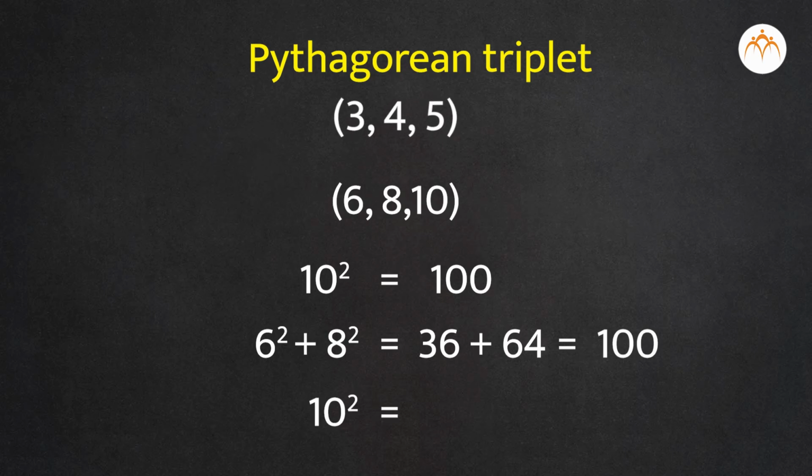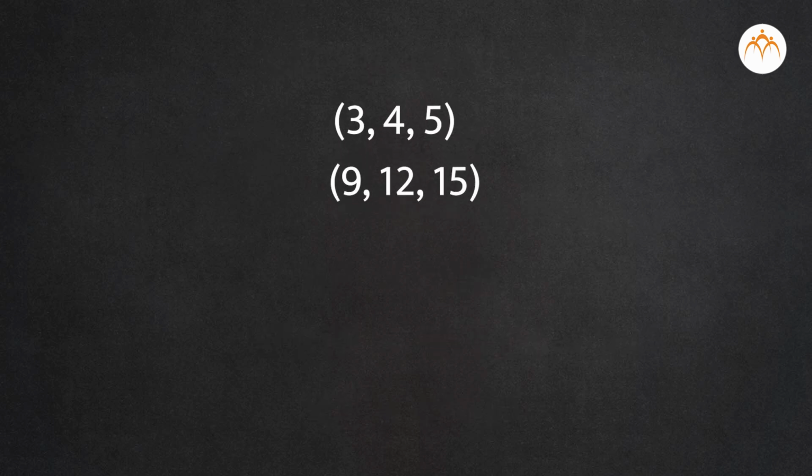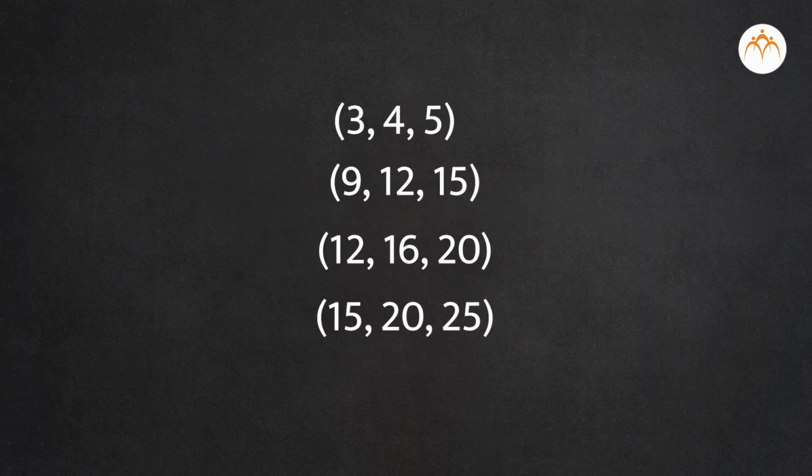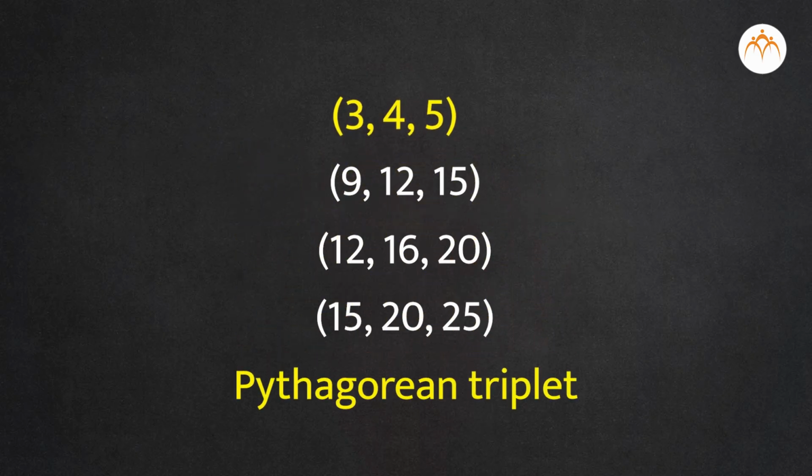Therefore, 10 square is equal to 6 square plus 8 square. Similarly, we can get the Pythagorean triplets 9, 12, 15; 12, 16, 20; 15, 20, 25 from the multiples of each integer of the triplet 3, 4, 5. In the same way, we can get an infinite number of Pythagorean triplets from other Pythagorean triplets. You may verify this.